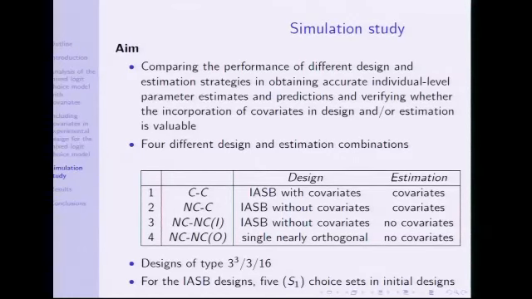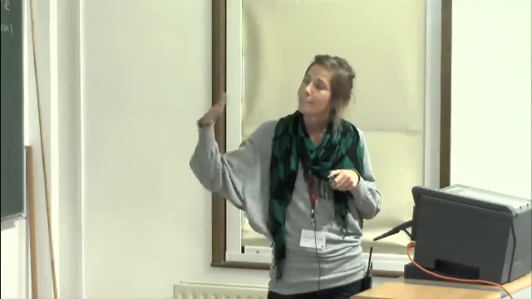And then same story for the estimation stage. We estimated the mixed logit choice model with hierarchical Bayes estimation, either incorporating the covariates in the heterogeneity distribution or not. I gave a specific name to these four approaches.